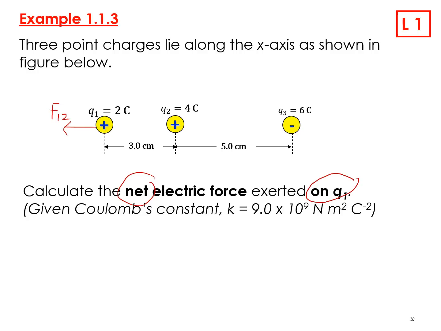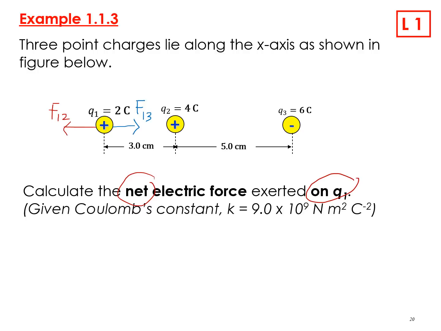So first look at the charge. Q1 is positive while Q3 is negative, meaning opposite charges, so Q1 will be attracted to Q3. So this is the direction for the electric force on Q1 due to Q3.